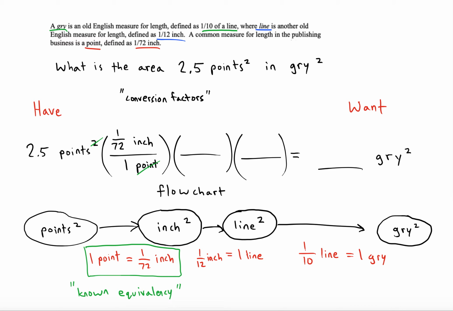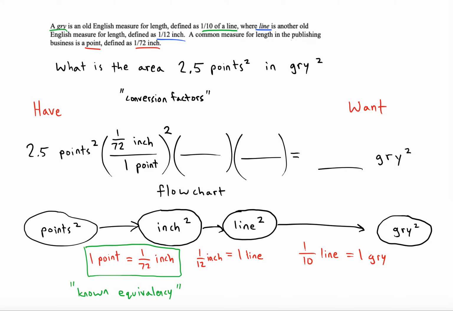So the points wouldn't totally cancel just yet. If you want them to totally cancel, you have to actually square your conversion factor as well. So that's something to consider. Now the points squared would cancel with the points squared above. Once you're done with that, you would have your answer in inches squared.